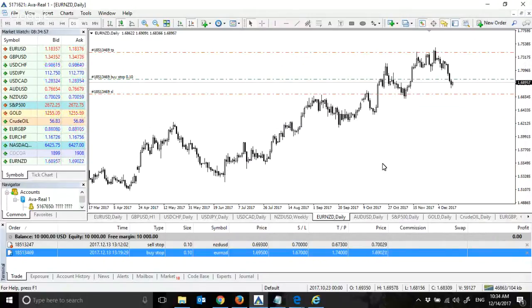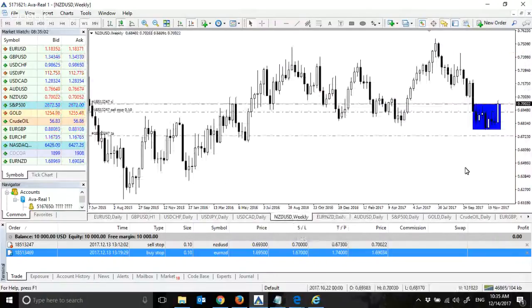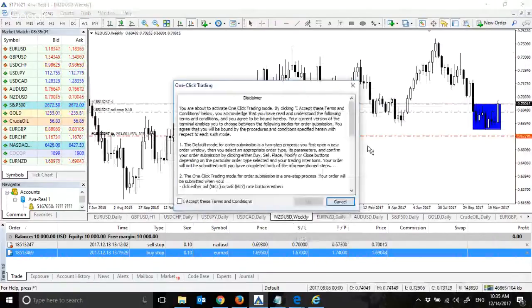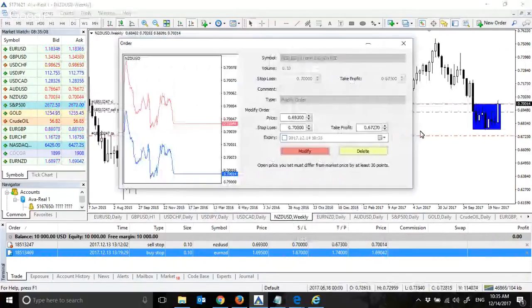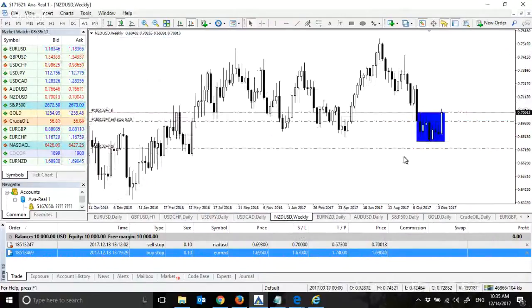As I mentioned previously, the US dollar weakened yesterday, and we can see a clear and strong move against the New Zealand dollar, and of course against its major counterparts.